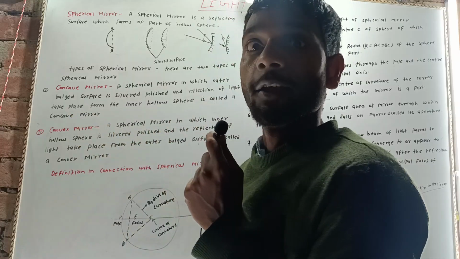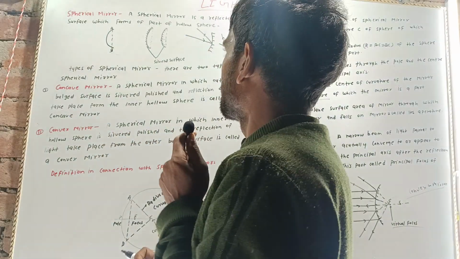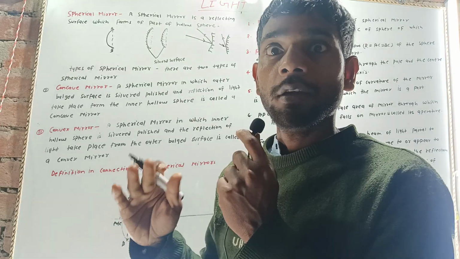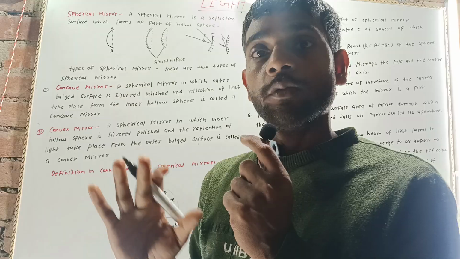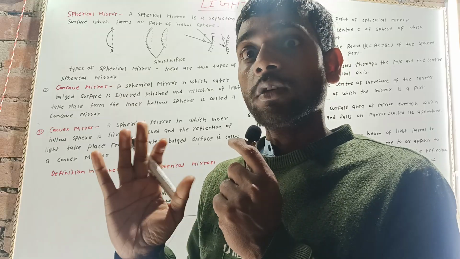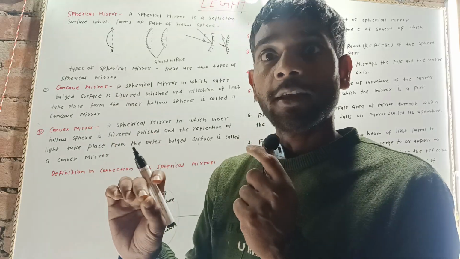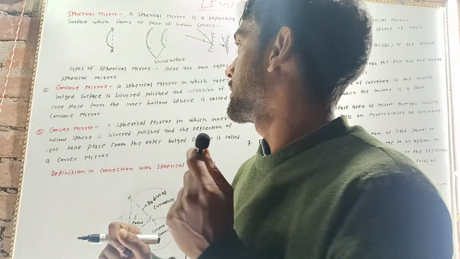This is called a concave mirror. That means a concave mirror is a hollow sphere whose outer surface is polished and reflection takes place in the inner surface.